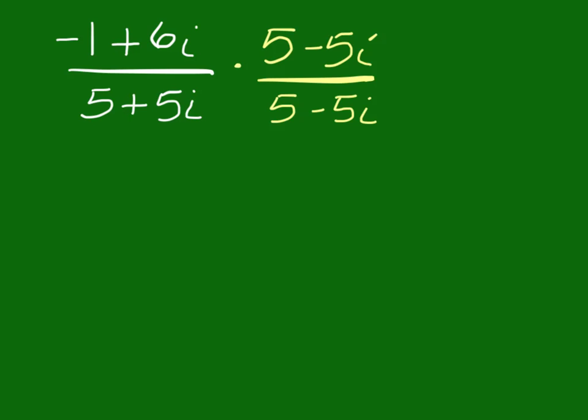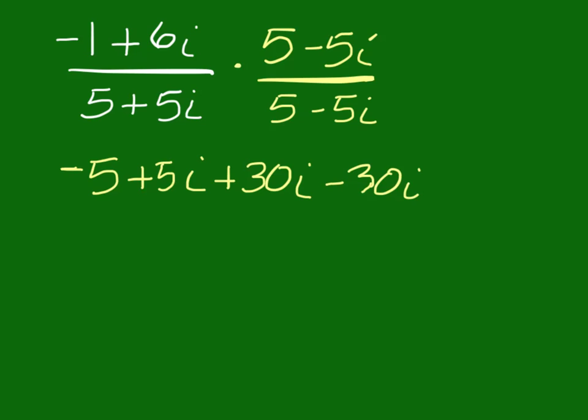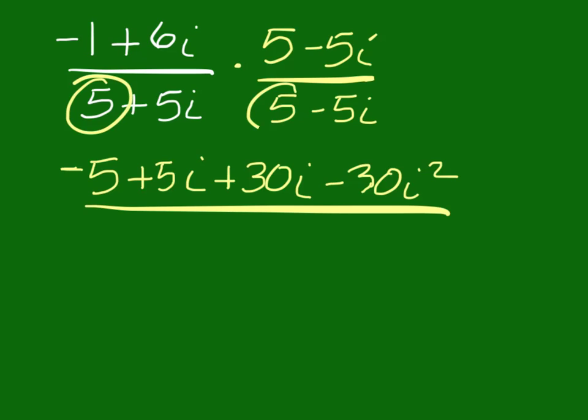On the top, when you multiply together, you'll have a negative 5 plus 5i, and then plus 30i minus 30i squared. And on the bottom, you have a difference of two squares. So when you multiply this times this, you're going to come up with 25.